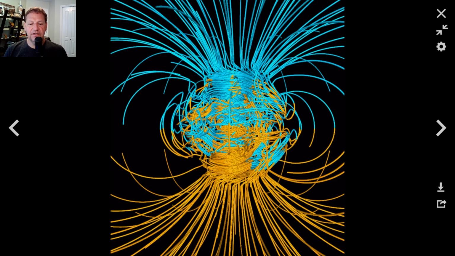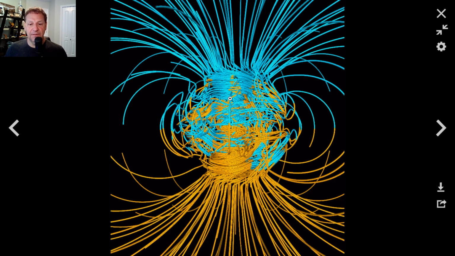But here's an example of a computer model of the Earth's magnetic field with the Earth's magnetosphere expanding away from the Earth. So this is a computer model. I pulled it off of Wikipedia. I'm sure there are other ones. But the big ball of tangled up things in the center is the internal part of the Earth's magnetic field.